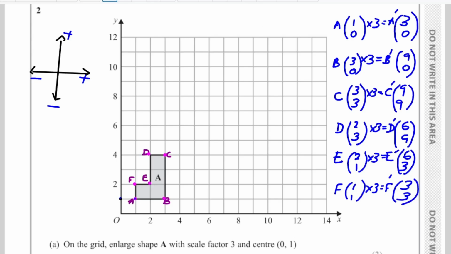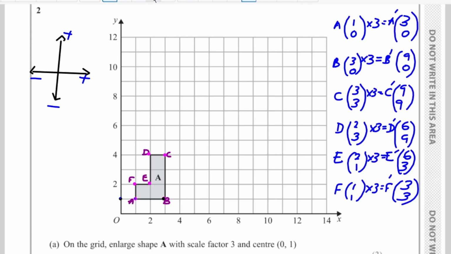Now let's plot these points. So first one, 3, 0. Being at the center, you have to move 3 units forward and 0 units vertically. So first one is here.